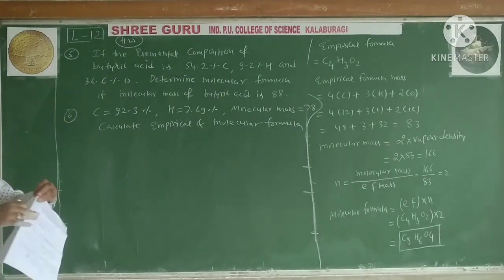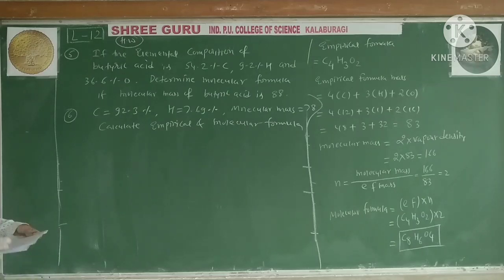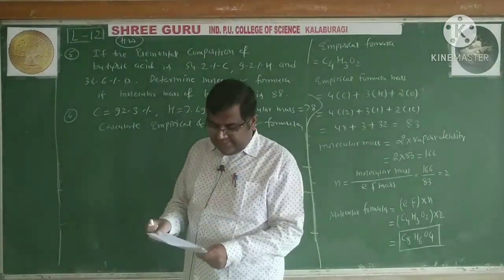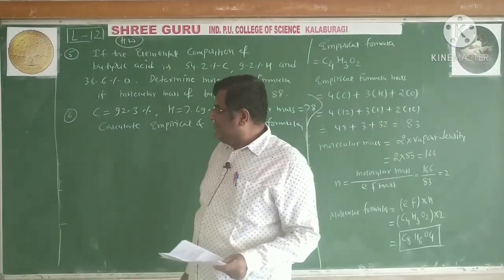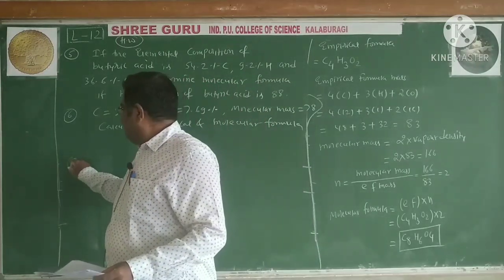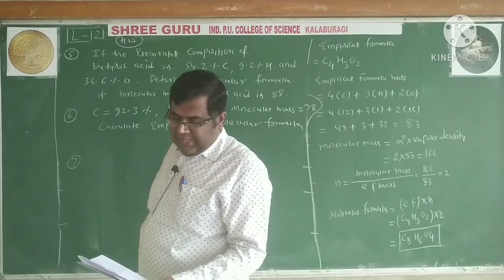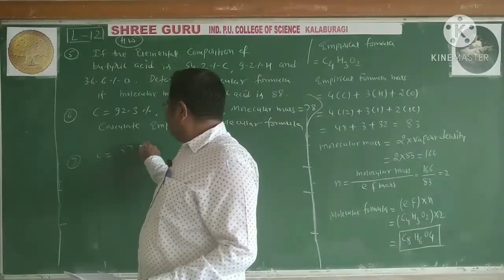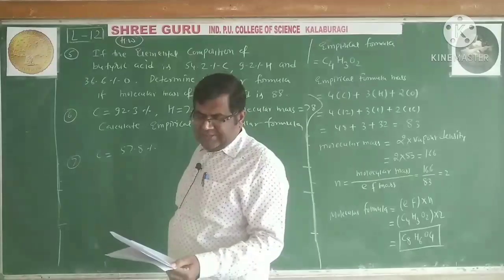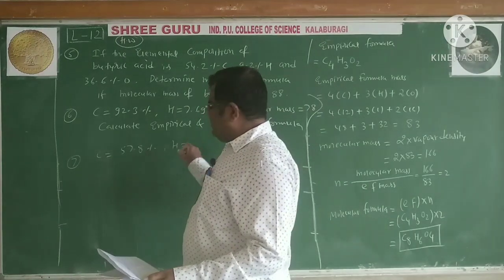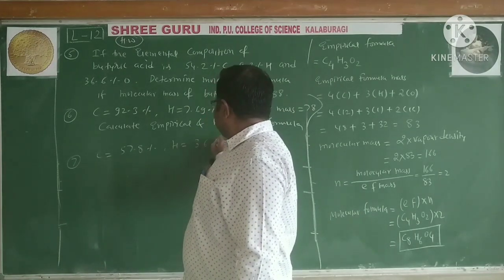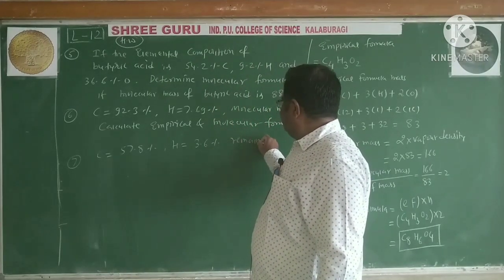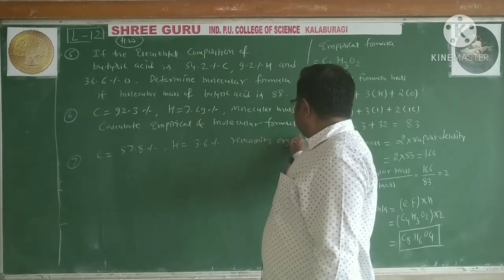And as you are very sincere and very hardworking students, right, isn't it? So I do one more. Carbon 57.8%. Just numbers are different. Methodology is same. Hydrogen 3.6%. Remaining oxygen.